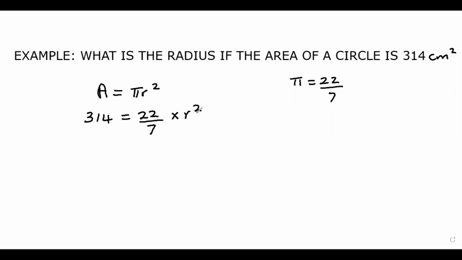So now we can transpose by saying multiply both sides by 7. So the 7's cancel in the denominator. That's going to give us 2198 is equal to 22 times r squared. So in order to get rid of the 22, we divide both sides by 22. So those cancel.